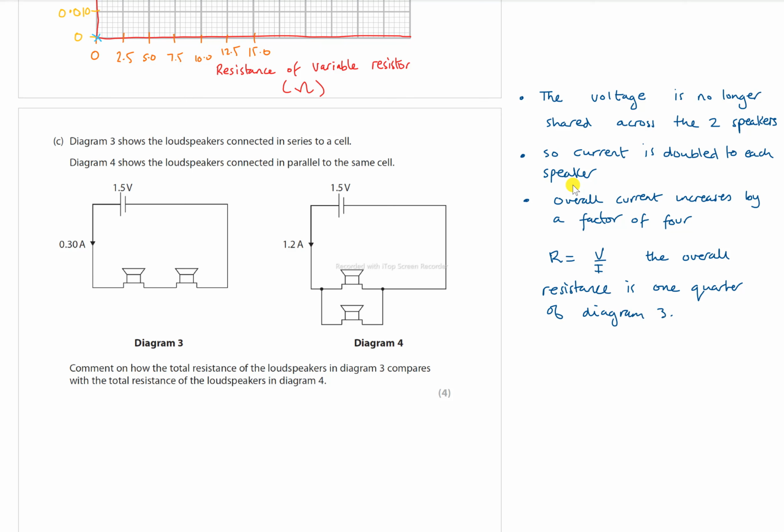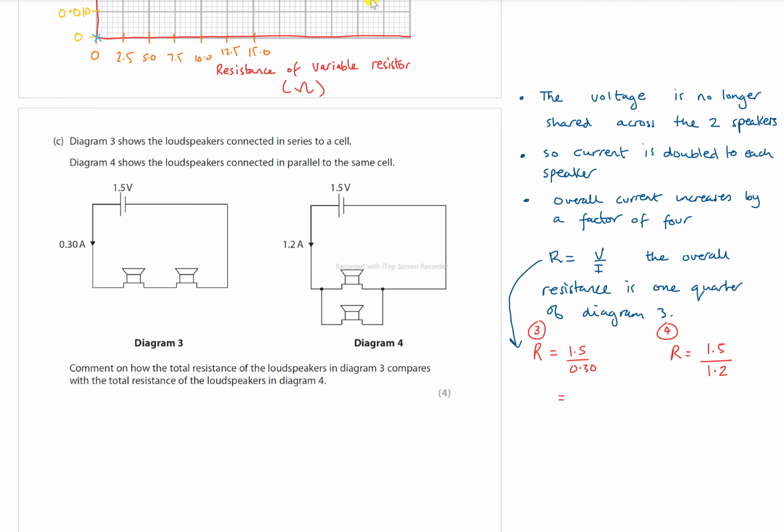Right, how does this work? So we need to show this. They want the correct use of that. So we know in diagram 3, R is 1.5 divided by 0.30. In diagram 4, R is 1.5 divided by 1.2.